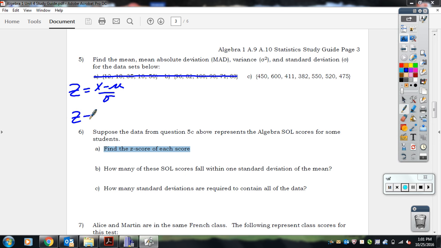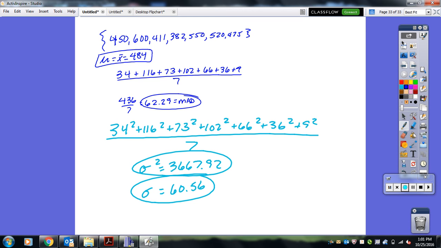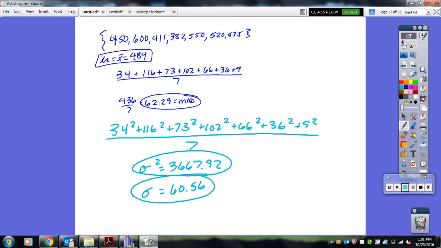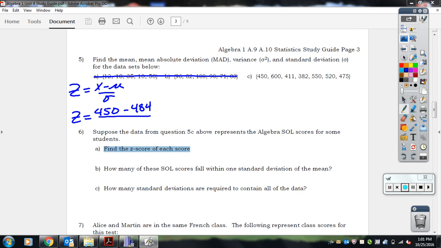So in order to find my z-score, x represents a score, so for the first one it will be 450, minus mu, which is the average. Now what was the average? If you remember, the average was 484, so minus 484, all over sigma, which was my standard deviation, which we calculated to be 60.56.